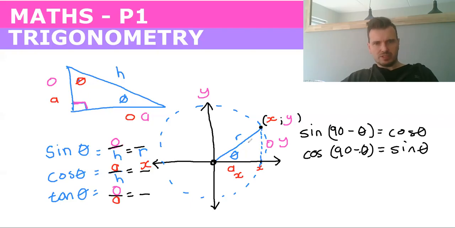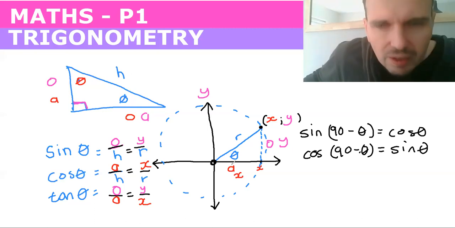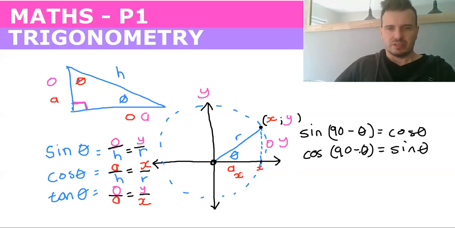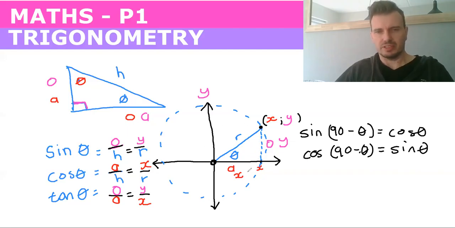And so now opposite is actually y, and h is r, and then the adjacent is x. So sometimes you'll see y over r, x over r, y over x, and it's just this triangle, but they take it to a Cartesian plane. And the reason they take it to a Cartesian plane is that they want to do a full 360 degrees.